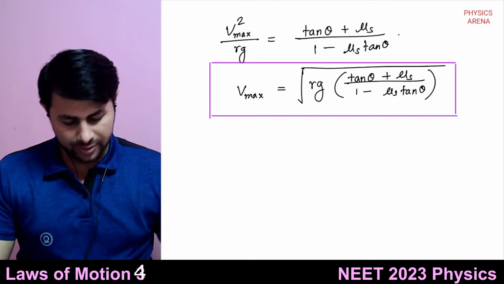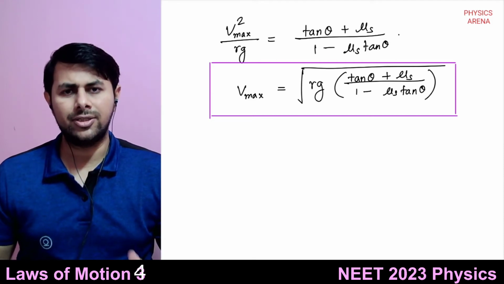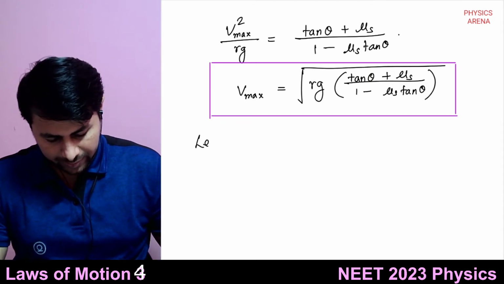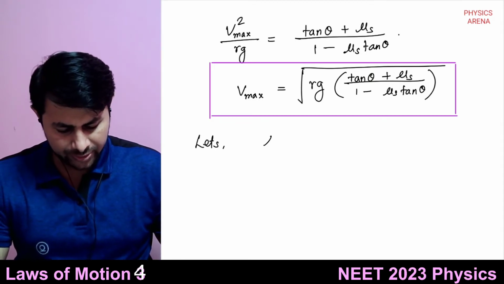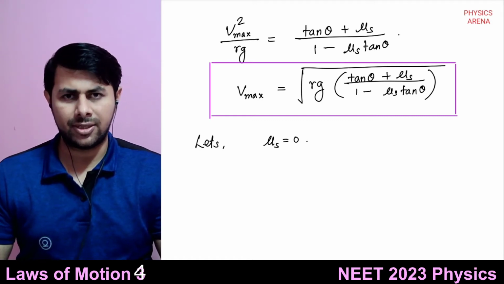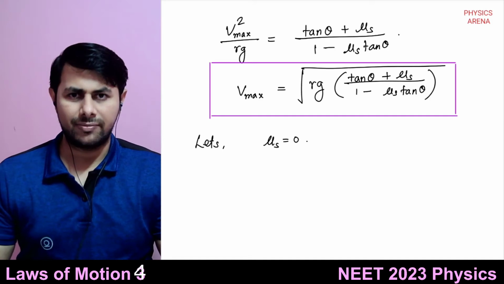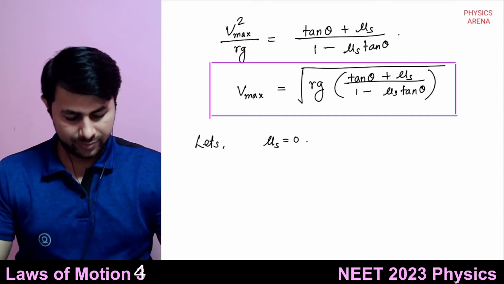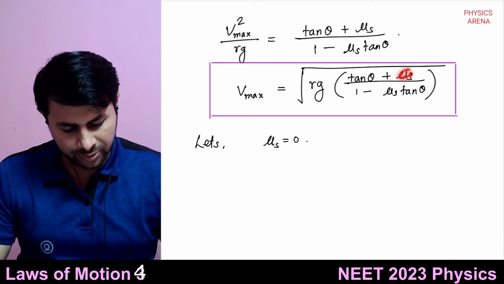So yes. Let's suppose the worst case scenario that mu s is equal to 0. That means friction is equal to 0. Still you can drive your vehicle safely. How? Put mu s equal to 0.